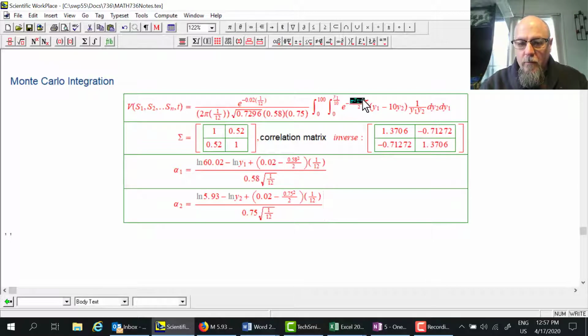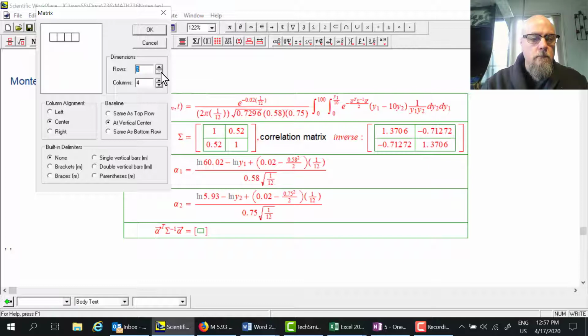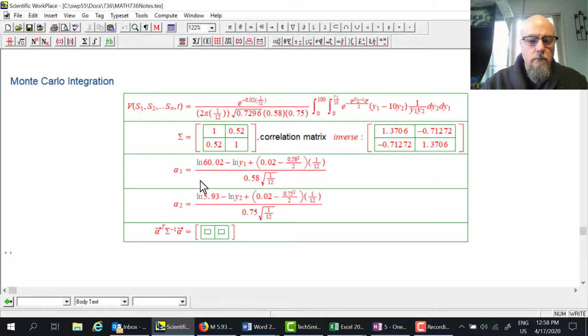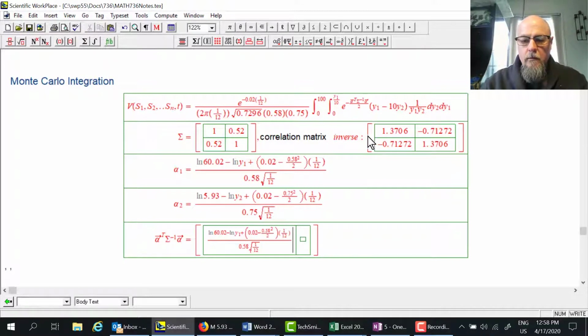And now I want to build this top piece here, which is going to be this vector times this inverse times this vector. This vector as a row vector times this matrix times this vector as a column vector.